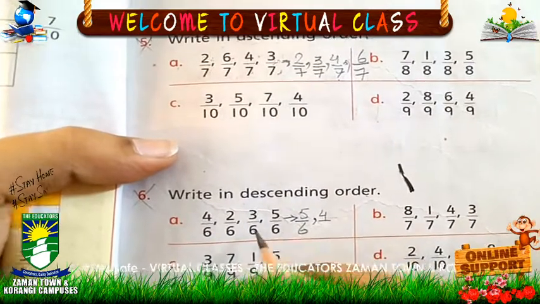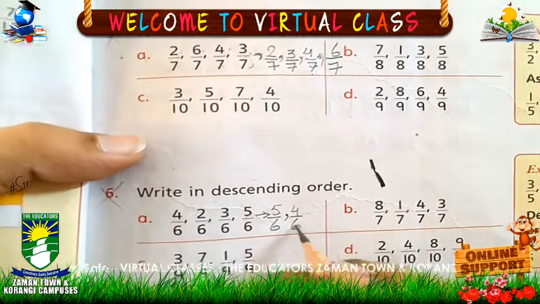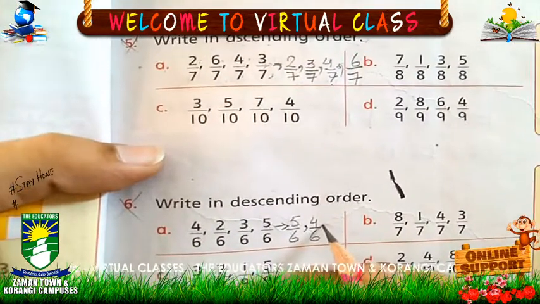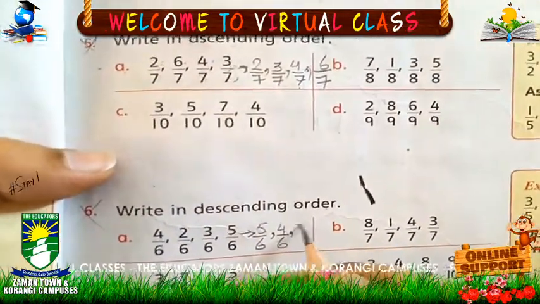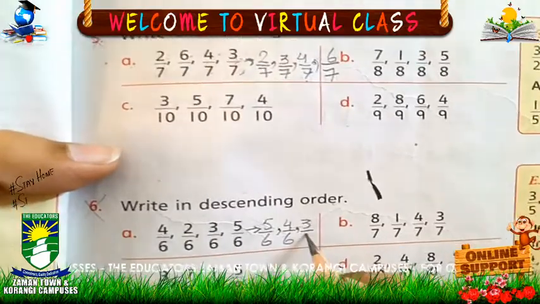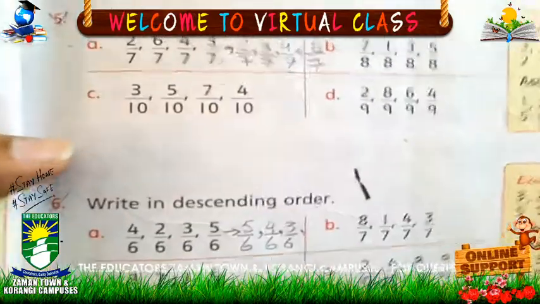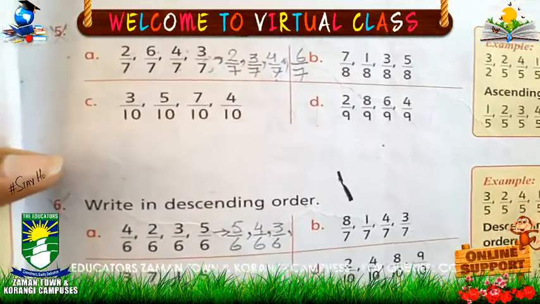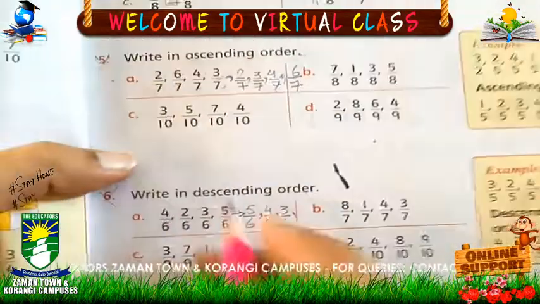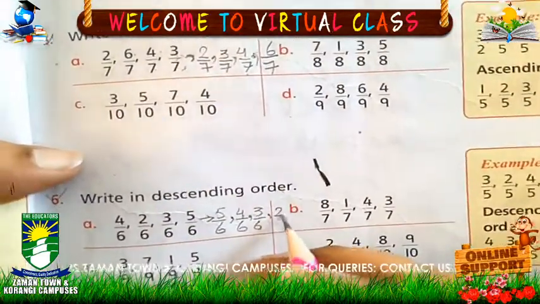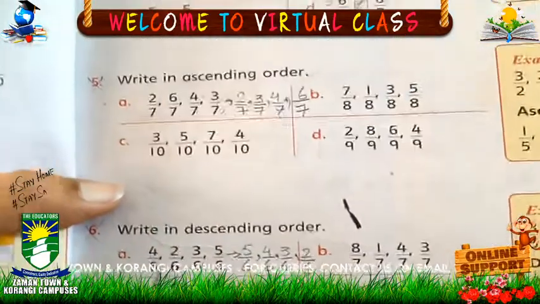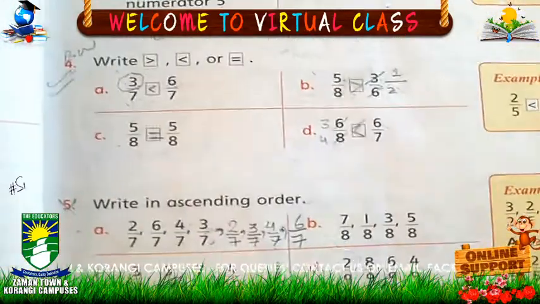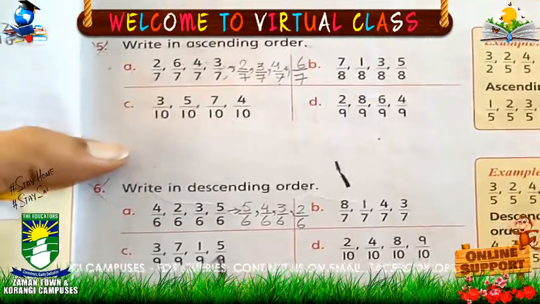On the second position you will write the fraction 4 over 6. What comes before 4 is 3, so 3 over 6, and at the fourth place you will write the lowest fraction, which is 2 over 6. The remaining two parts of questions 5 and 6 are your homework.